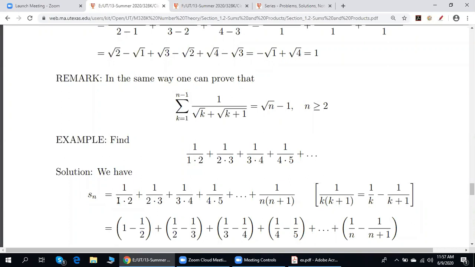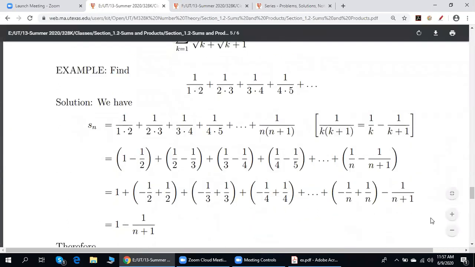If we apply this formula to each term over here, we get the following. 1 divided by 1 times 2 is 1 minus 1/2. 1 divided by 2 times 3 is 1/2 minus 1/3. And so on. The last term is equal to 1 over n minus 1 over n plus 1. Now, let us shift parentheses.